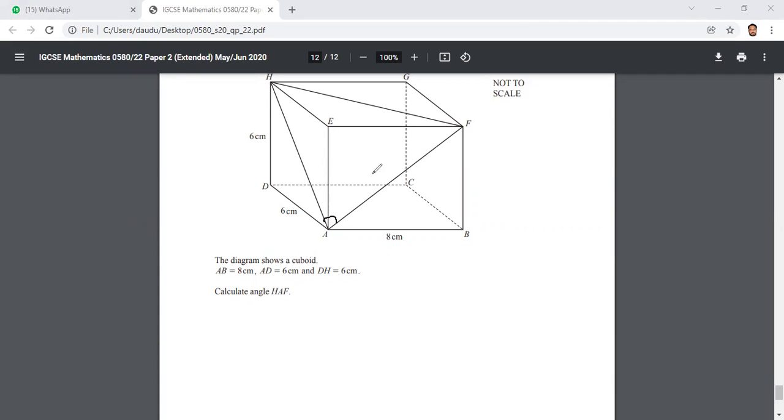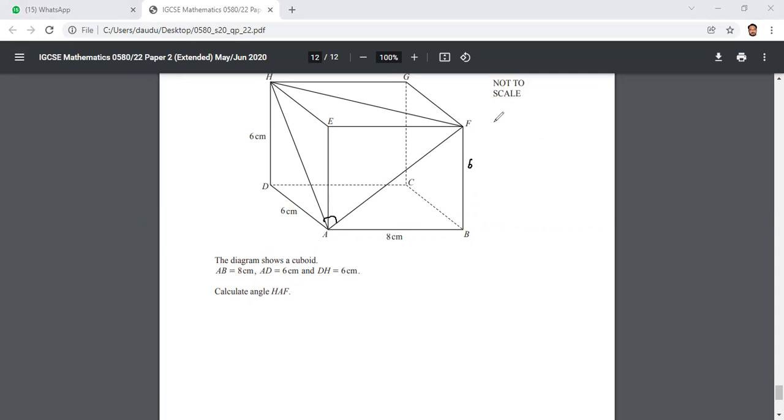For that, we must know the length AF, we must know HA, and we must know HF. We can find it easily because this is 8 and this is 6, by Pythagoras theorem.